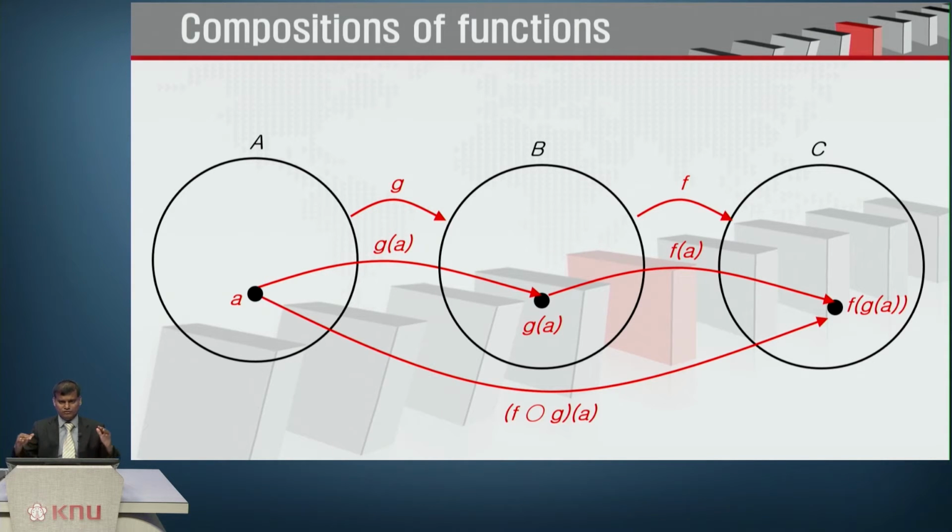And if you want to map as a whole, that is where the composition comes in, f composition of g of a. In fact, the whole thing from A to C can be referred to as f composition of g.